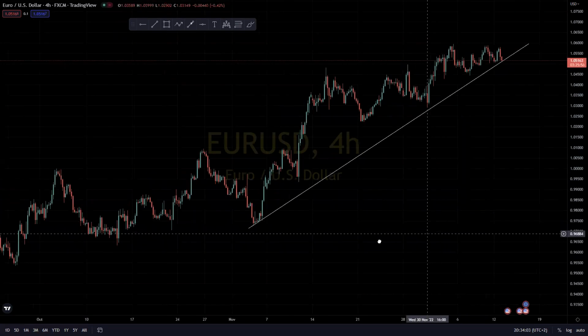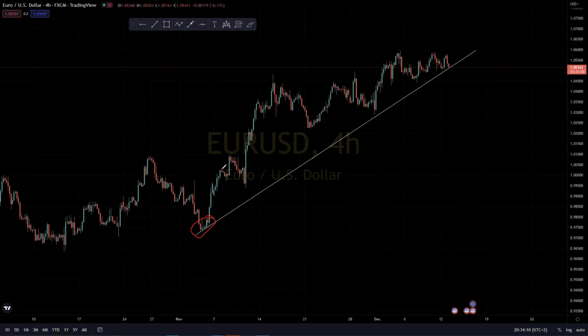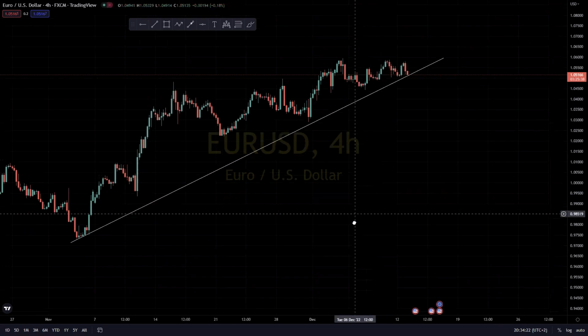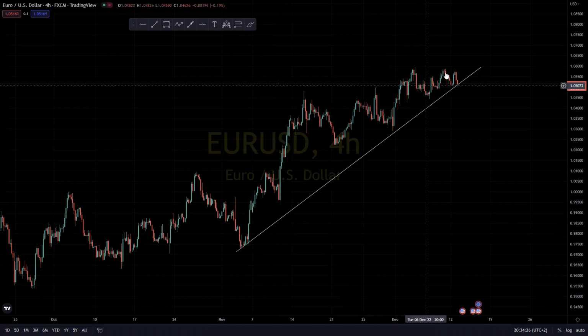The market kept creating higher highs and higher lows, just like that. So this is where we would say the market was bullish.